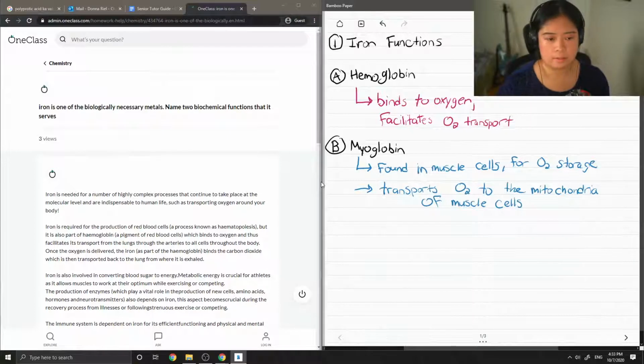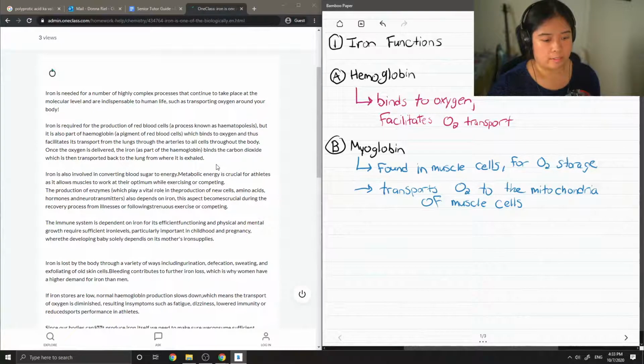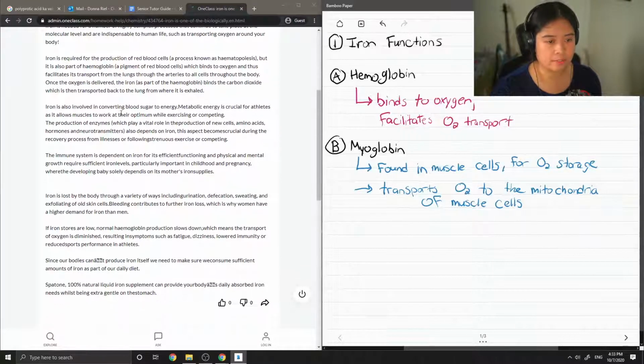So now I'm just gonna look at these answers. Wow, this is a long answer. Iron is needed in complex processes, that's true. Production of red blood cells, a process known as hematosis, also part of hemoglobin. Yep. Metabolic energy.